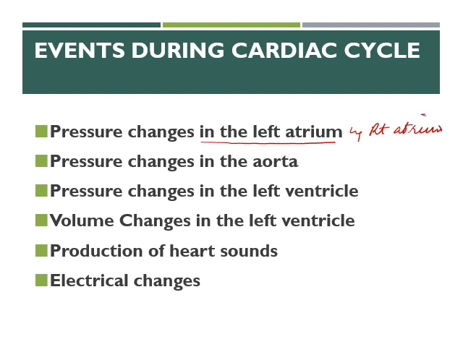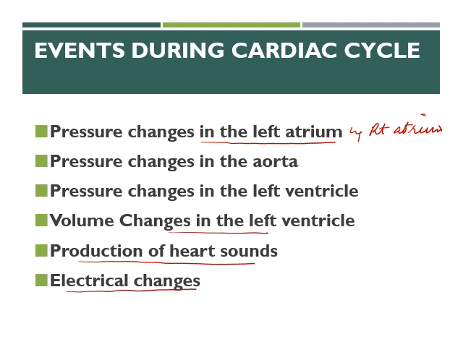Then the second event is pressure changes in the aorta, and then the pressure changes in the left ventricle, and also in the right ventricle the same changes occur. Then the volume changes in the left ventricle, and the fifth change is production of heart sounds, and the sixth is the electrical changes that occur during the cardiac cycle.